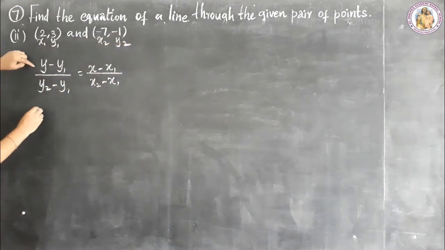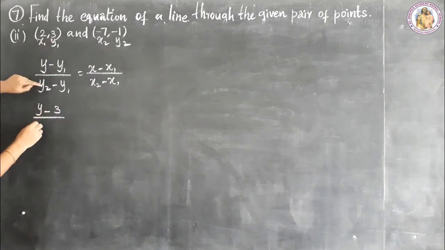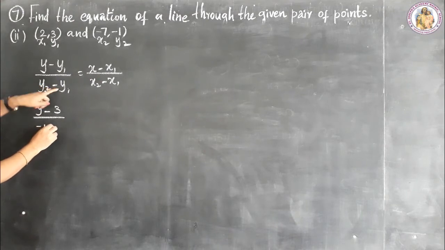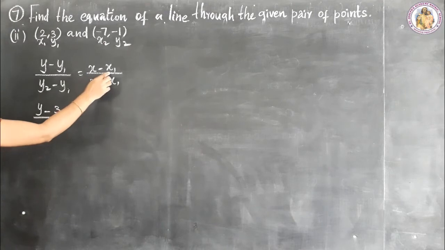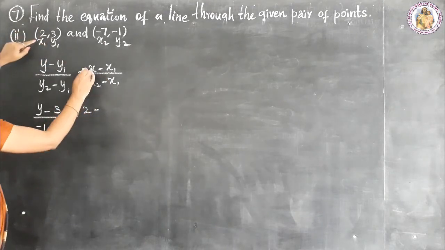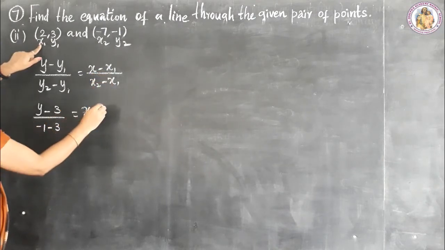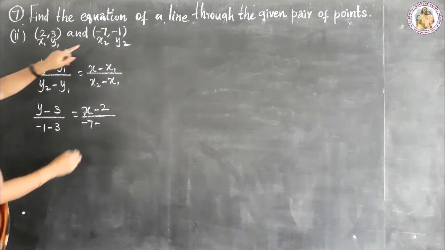So y minus y1, y1 is 3, divided by y2, y2 is minus 1, minus y1, 3, is equal to x minus x1, x1 is 2, divided by x2, x2 is minus 7, minus x1, 2.